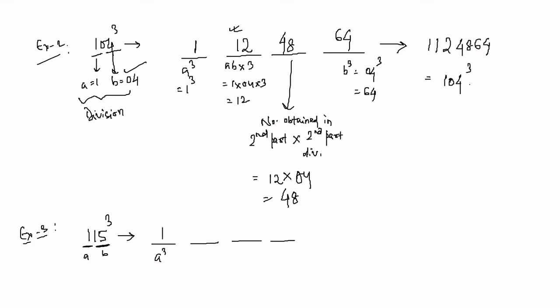The second step is ab into 3, that is 1 into 15 into 3, which gives 45. The third step is the number obtained in the second part, that is 45, multiplied by the second part division, which is 15.